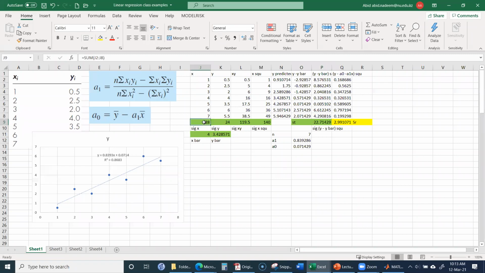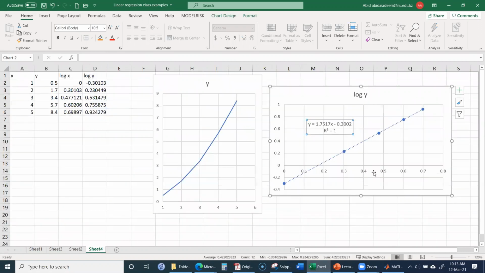We calculated the sum of x, sum of y, sum of xy, sum of x square. Okay, and then we used these values for the formula of A0 and A1. Okay, this formula, and then we find the values of A0 and A1. But here, we have directly used Excel to find the same values.